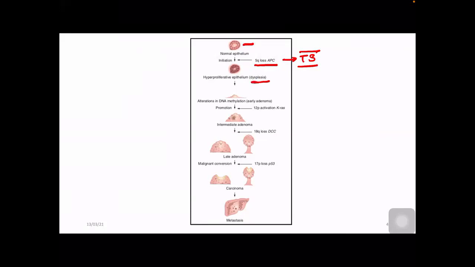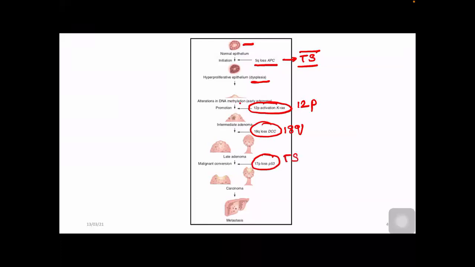So what happens next? It forms an early adenoma. Once there is a KRAS mutation, which is present on chromosome 12p, early becomes intermediate adenoma. From intermediate to late is because of another tumor suppressor gene present on 18q, which is the DCC gene mutation. From late adenoma to carcinoma, it's because of P53 mutation, which is again a tumor suppressor gene.